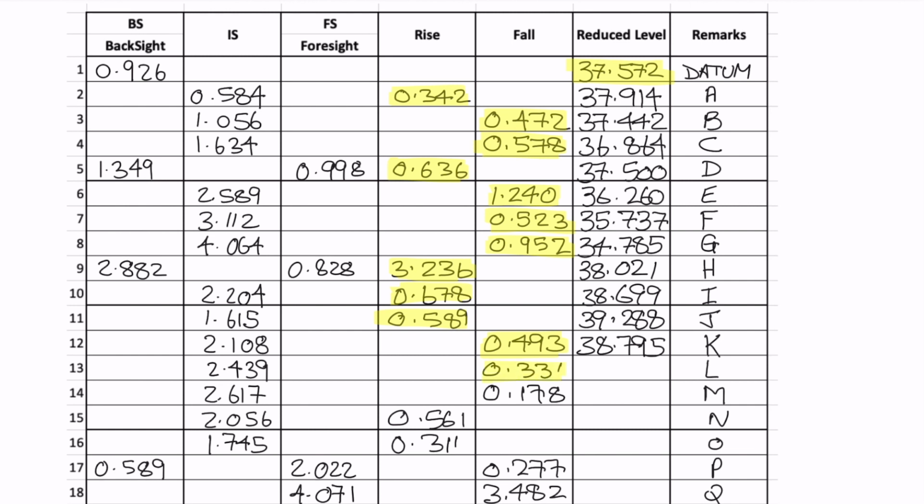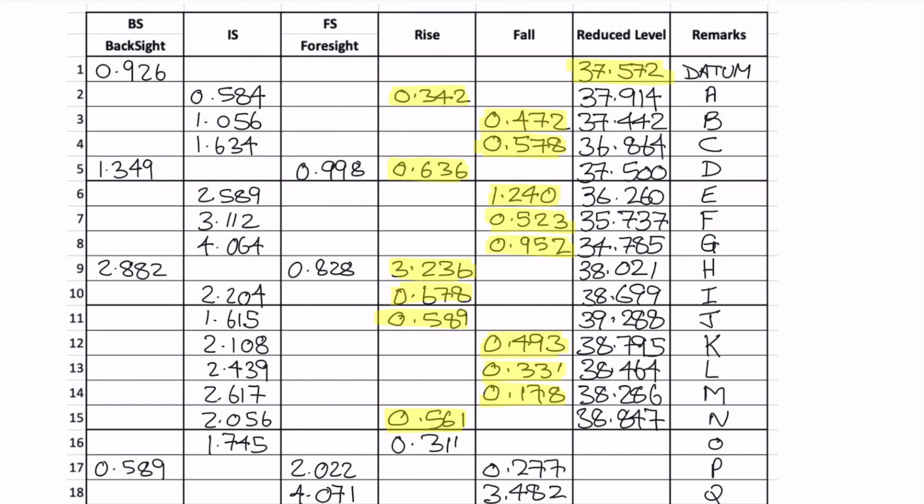Next row, 0.331, subtract it off, 38.464. Next one, another fall, subtract it off, 38.268. Next row is another rise, so we add that to our current reduced level, 38.849.